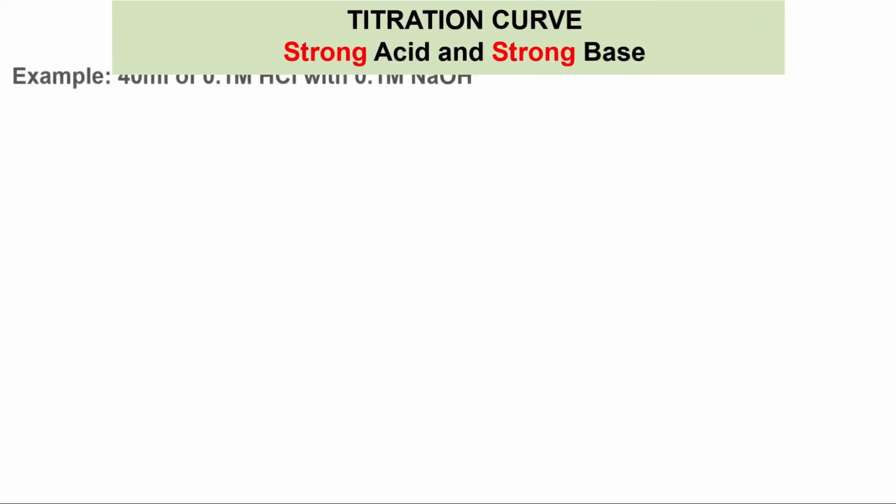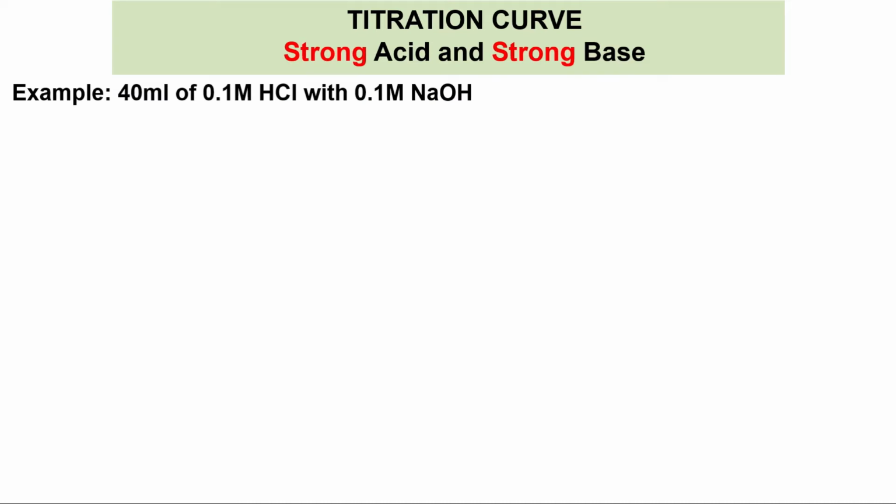For example, the question given: sketch the titration curve for the titration between 40 ml of 0.1 molar HCl with 0.1 molar NaOH. We can see here that this is a known volume, 40 ml. That indicates that this HCl is going to be the analyte.